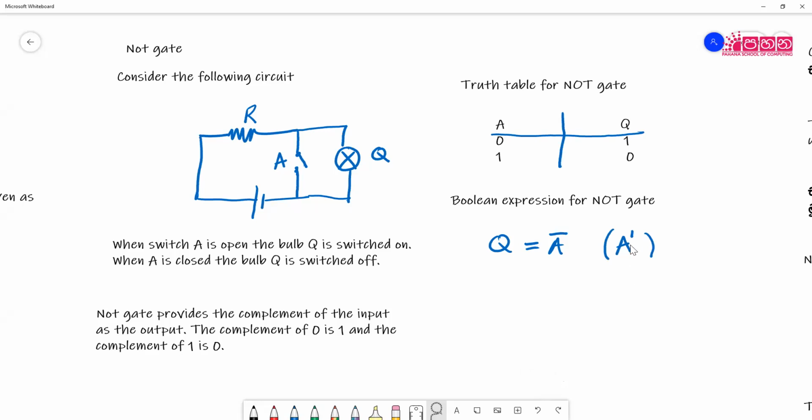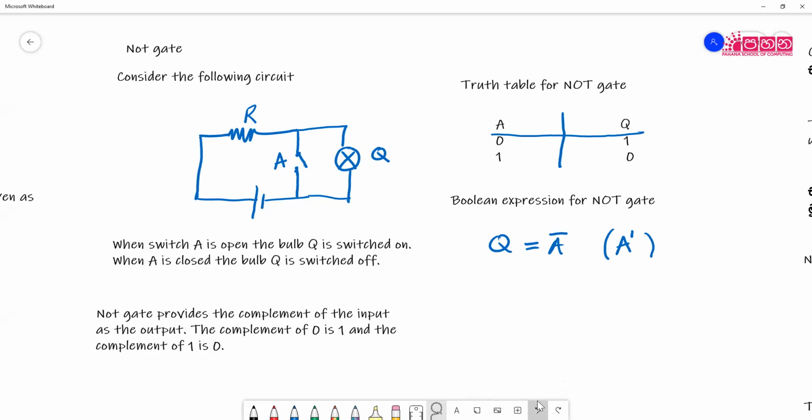For example, if you want to type the answer on the keyboard, since you cannot represent the bar there, you can use a dash as well. Either bar or dash both represent the complement, or NOT A. So Q equals NOT A.